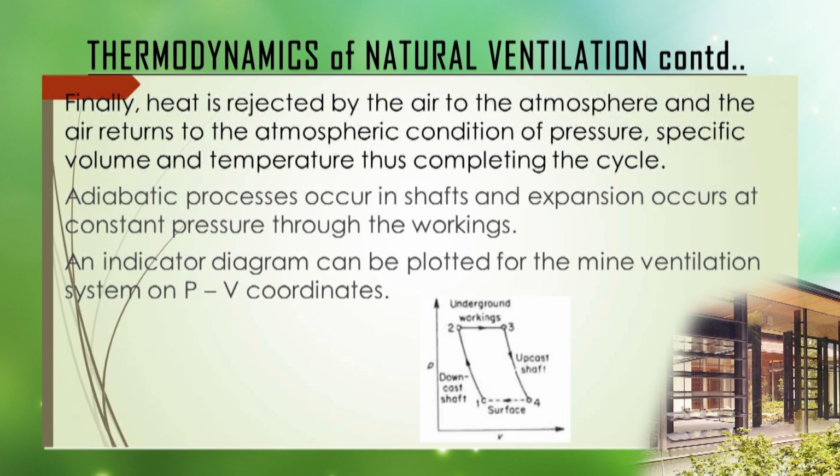This means air enters the mines, gets its temperature and pressure increased. Again, in mines underground workings, its temperature increases, but pressure decreases. Again, in the upcast shaft, its pressure and temperature decrease, and again it reaches the normal point at the outside atmosphere.